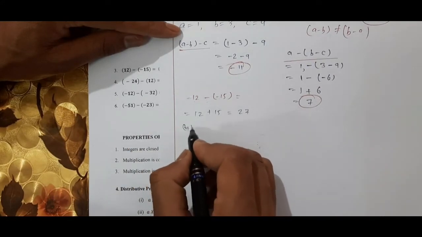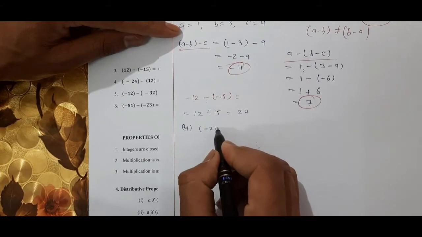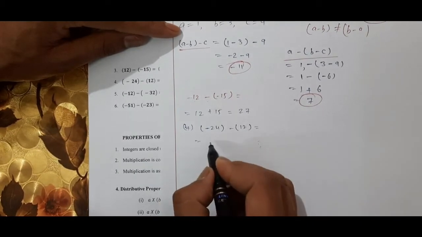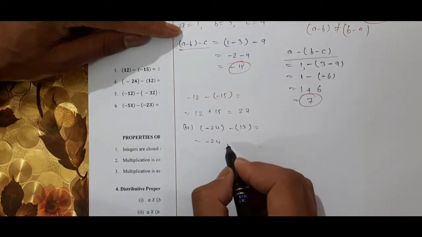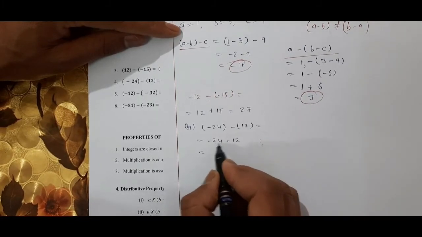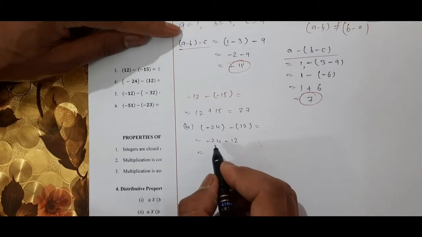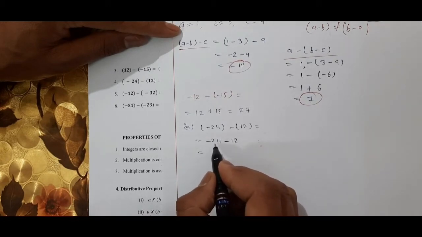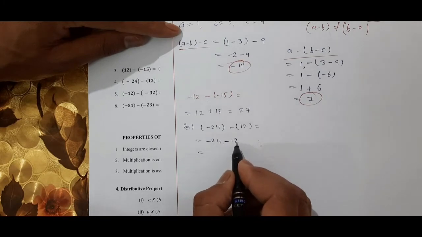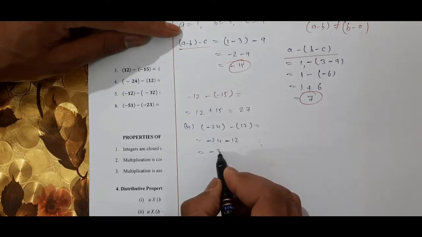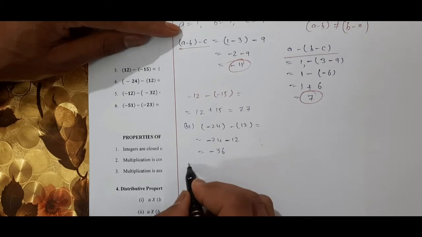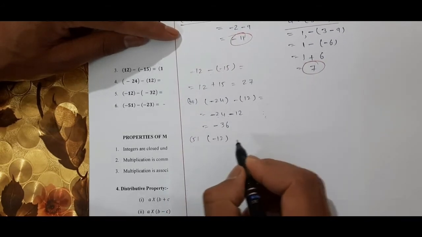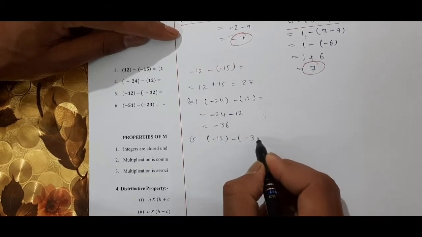Next, minus 24 minus 12 equal to, here both numbers are the same sign, then the result will be the same sign. Minus 24 and minus 12 is minus 36. Fifth, minus 12 minus minus 32.